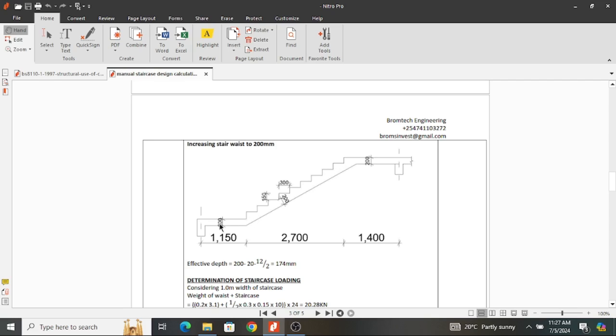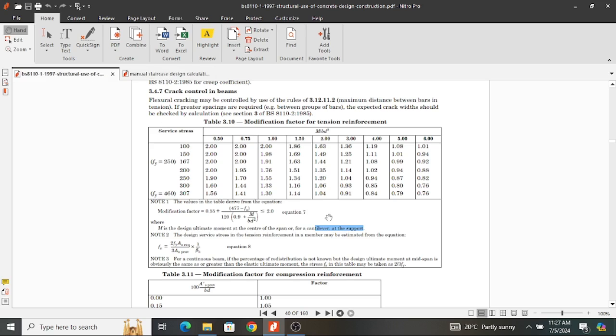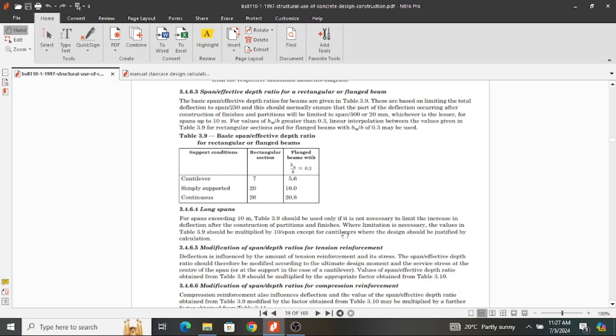And then the landing, I can design like a normal slab. If I put a beam here and another beam here, I'm going to consider this staircase as a continuous supported staircase, which will increase my factor to 26, because it will be continuous instead of 20.